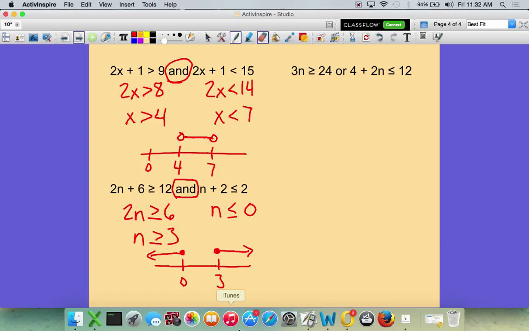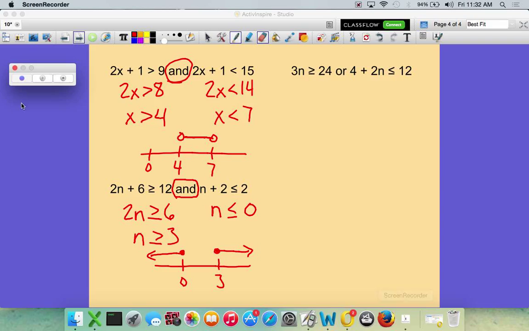Now, what are all the numbers that work for both of these? If we put in any number, say we put in a -1 here, would that work for our first one? Well, if we put in a -1 here for the first one, -2 plus 6 would be 4. 4 is greater than 12?